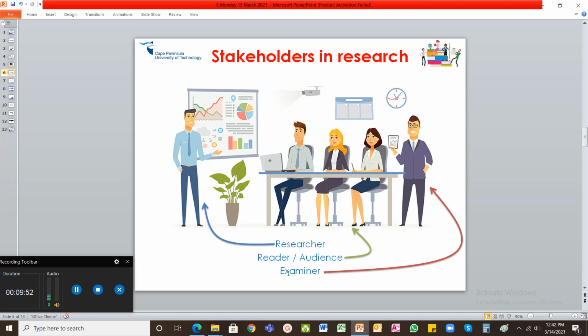And then the third person will be your examiner, the one that checks that you have not plagiarized work, you have used quotation marks correctly, and you have laid out your document in the correct manner that complies with academic research, and your audience is basically getting the message after your examiner has approved your presentation or assignment. So these are the three people involved in research.